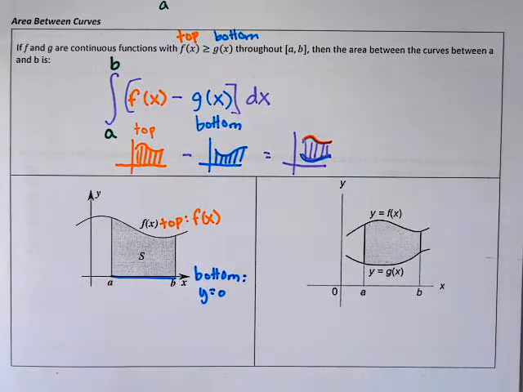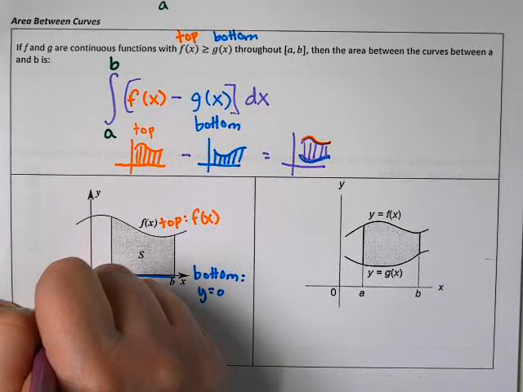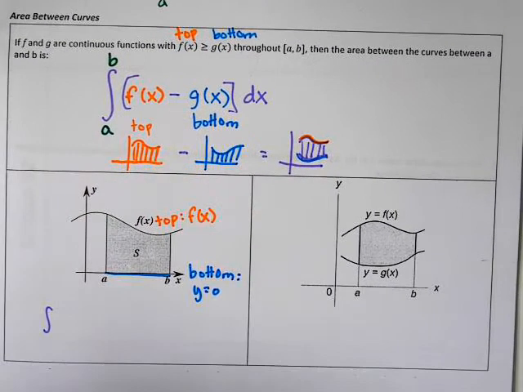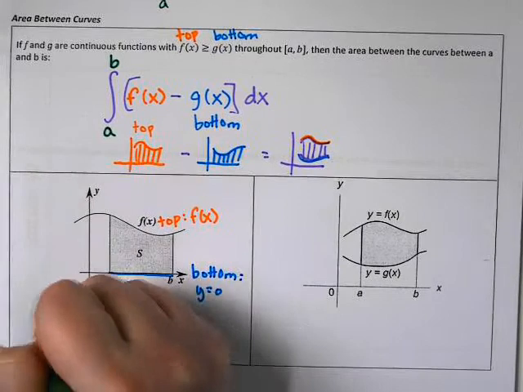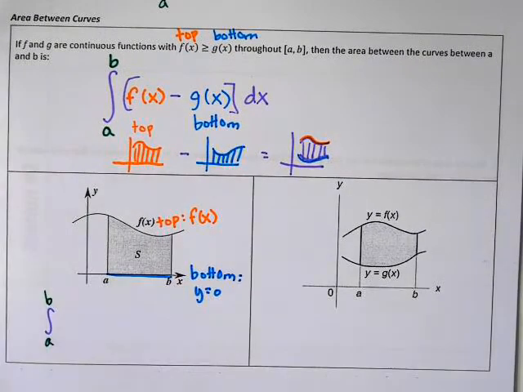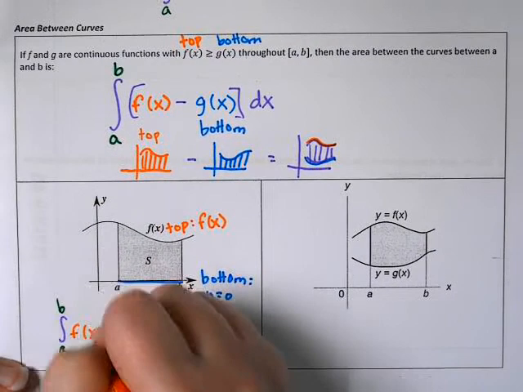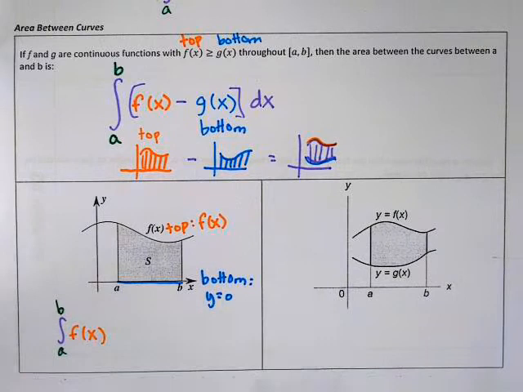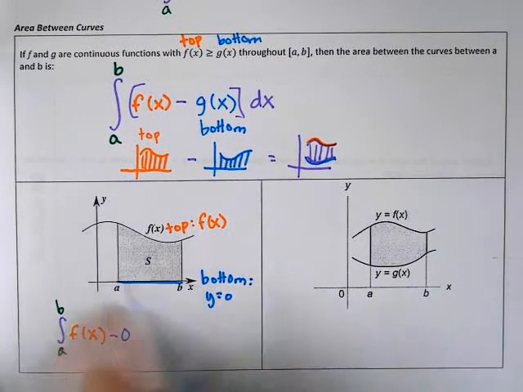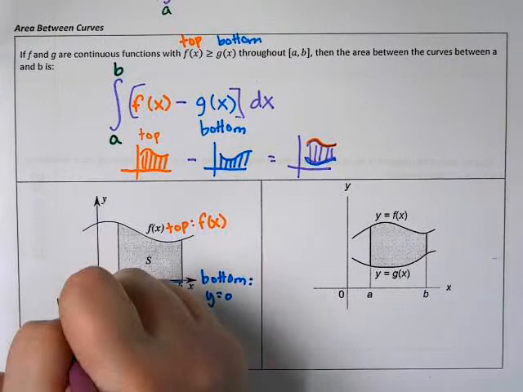And so what we're doing when we find an integral, we do the integral from a to b of the top, which is f of x, minus the bottom, which in this case is 0, and then we close it off with a dx.